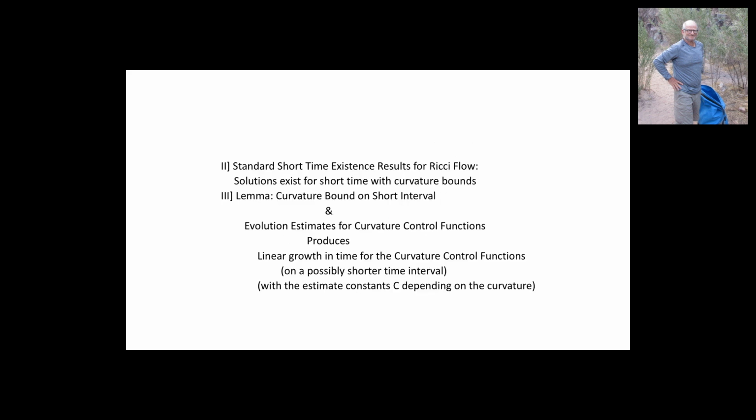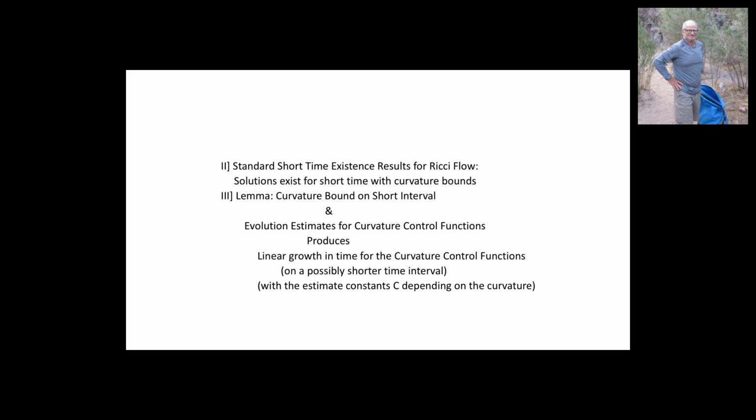So in proving these results, the first step, as I showed, was to derive these evolution equations for the curvature control functions. The second step is to use the standard short-time existence results for the Ricci flow, so we know that solutions exist for a short time with certain curvature bounds.